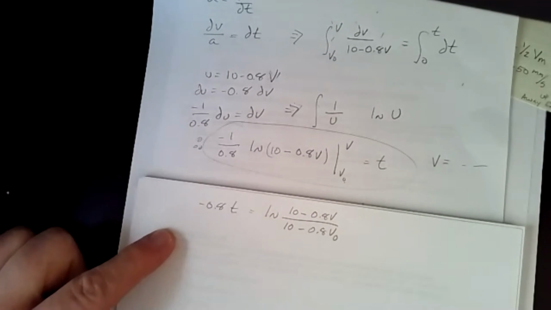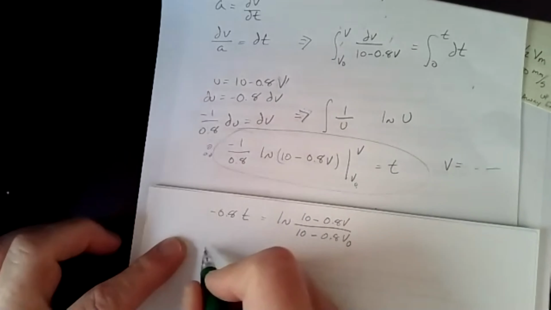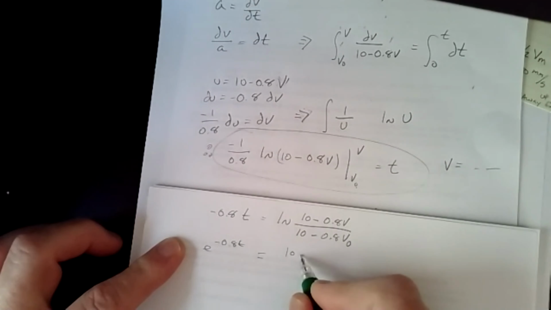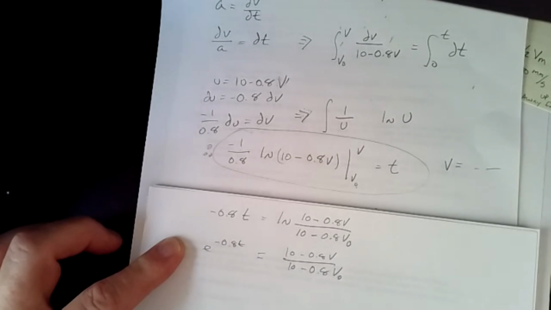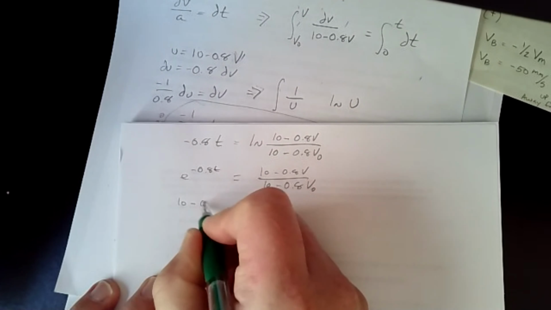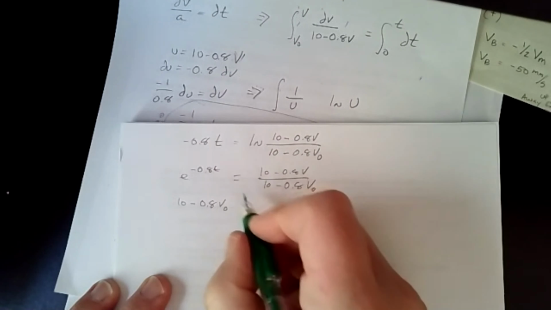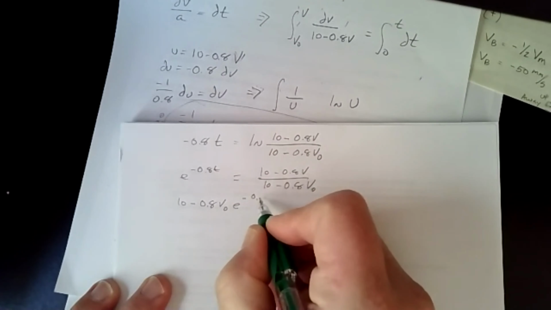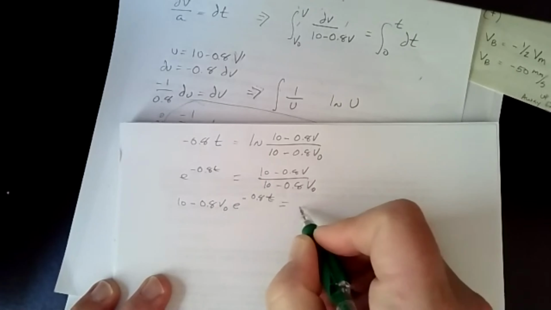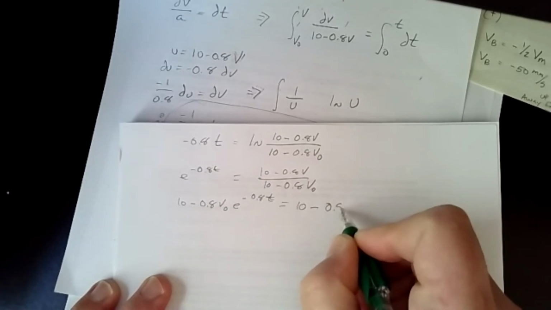We take e to each side, exponential. So we get e to the negative 0.8 t equals 10 minus 0.8 v over 10 minus 0.8 v naught. That then becomes 10 minus 0.8 v naught times e to the negative 0.8 t equals 10 minus 0.8 v.